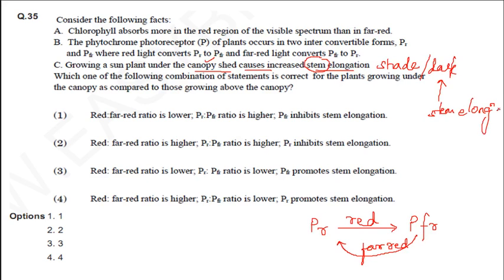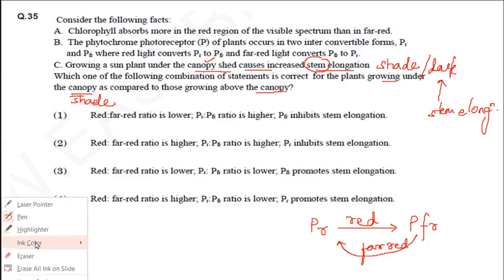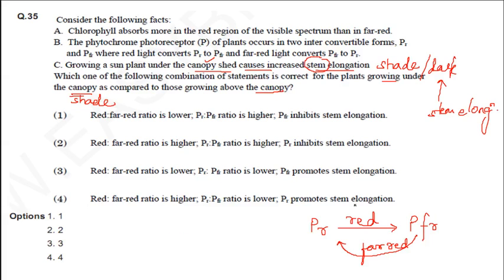Under canopy means under shade, as compared to those growing above the canopy. So remember one concept that will apply: during light, PR will be converted to PFR. When the plant is getting proper light, PR is converted to PFR.